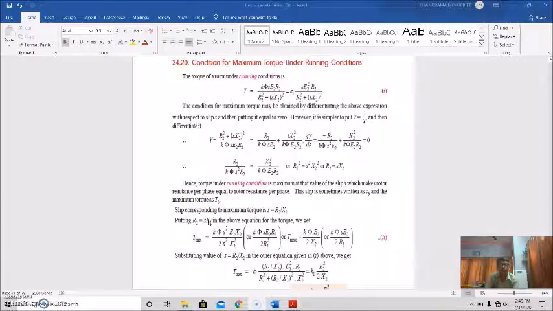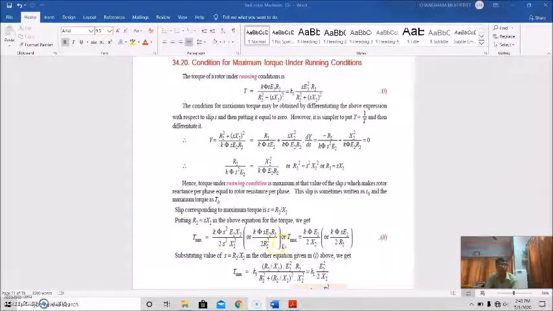So the slip corresponding to this torque, S equal to how much? R2 by X2. Now putting R2 equal to S X2 in the above expression of the torque, we get the expression for the maximum torque.